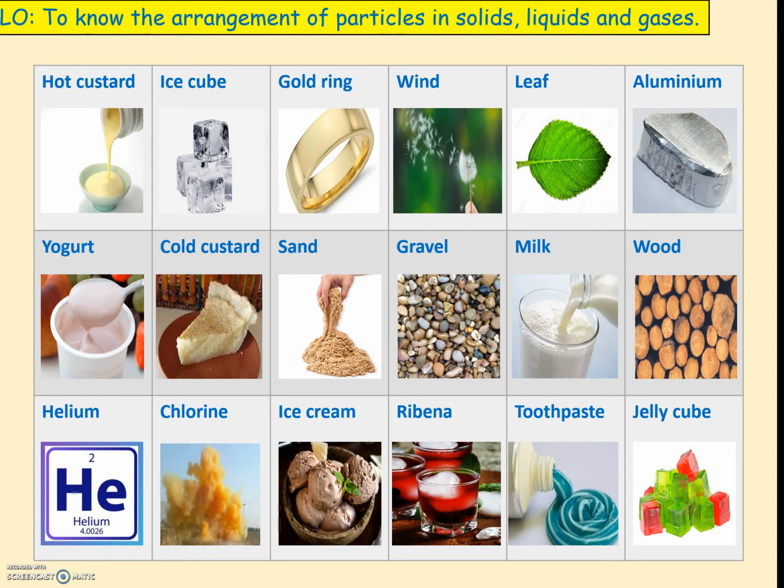You'd put L if you thought it was liquid, S if you thought it was solid, and G if you thought it was a gas. So please pause the video now, write all the names of the different items down, and write L, S, or G to decide if they're solid, liquid, or gases. Please pause the video and do this now.